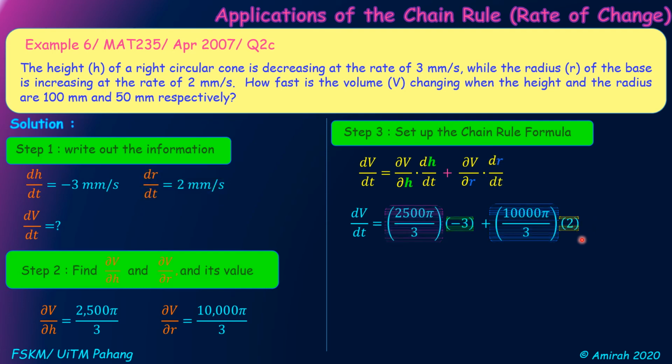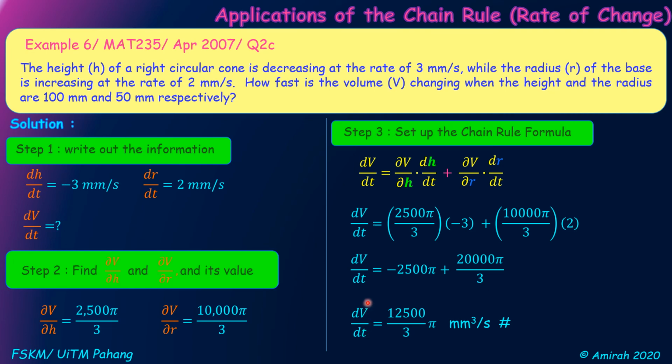After that, we can simplify. We can multiply here, so we get negative 2500 pi, because we can simplify 3 and 3 here, and then plus 20,000 pi over 3. Then we simplify, so we get dv over dt equals 12,500 over 3 pi.